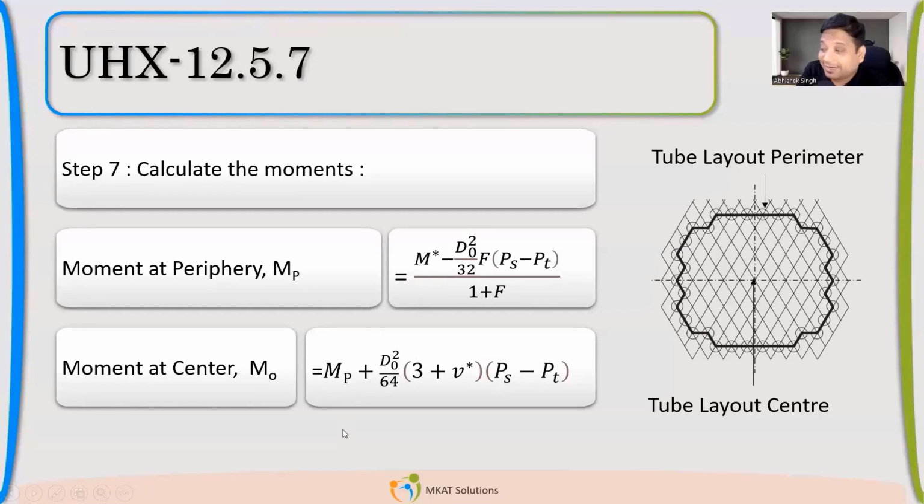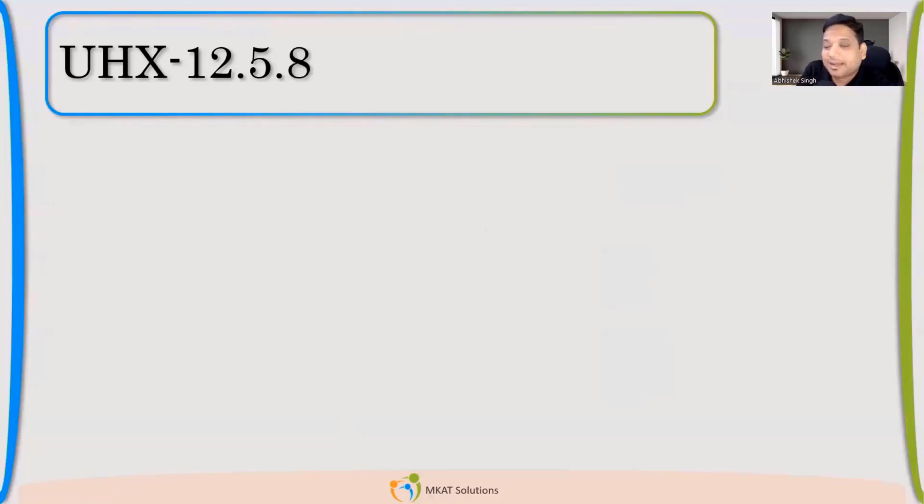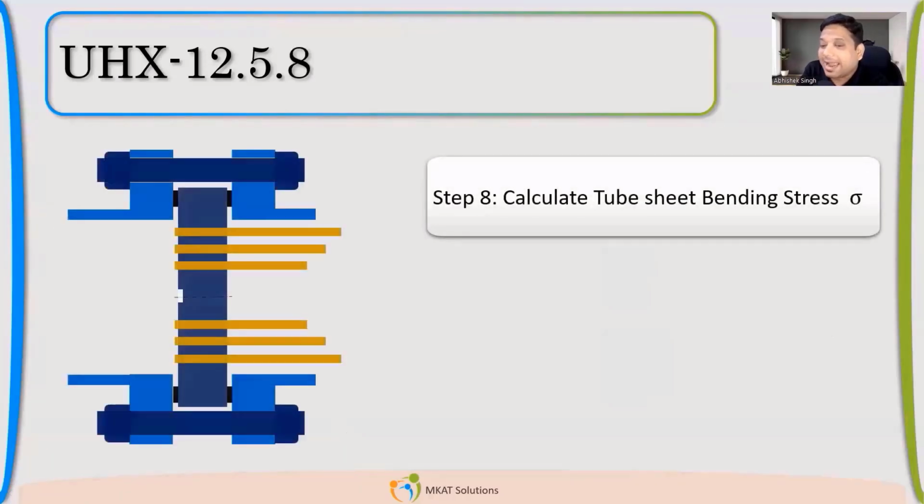So better is to calculate and then take the max of these two moments, apply that, and calculate the bending stress. Why are we calculating moments? First of all, once the moment comes into the picture, you already know that there will be some bending stress, which will be calculated using that.